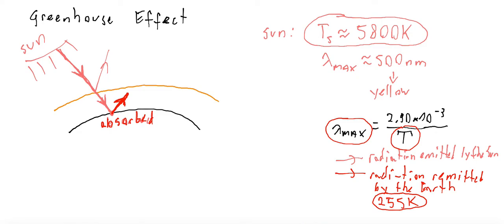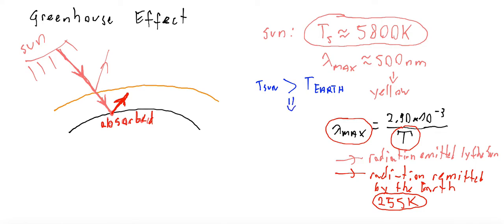But what is important, if the temperature of the Earth is much smaller than the temperature of the Sun, then the wavelength of the most intense radiation will be much bigger. The Sun's surface has 5800 kelvins and Earth's surface has 255 kelvins due to our model.